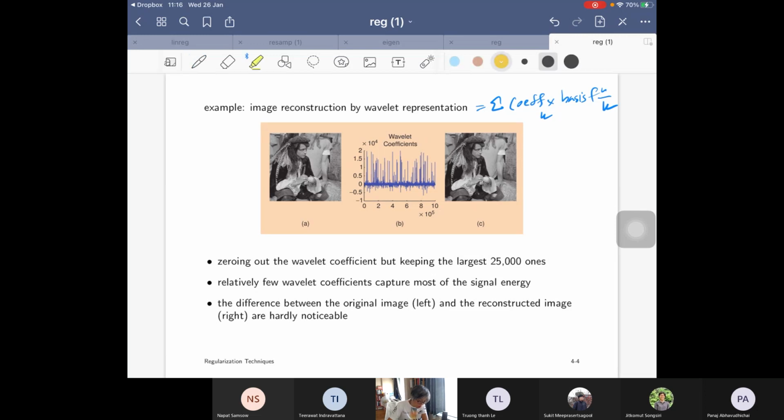In this type of regularization, if we zero out some wavelet coefficients, for example, in the initial model, it would be like coefficient 1 times wavelet function 1. The wavelet functions have parameters, right? They have a translation parameter and a dilation parameter.